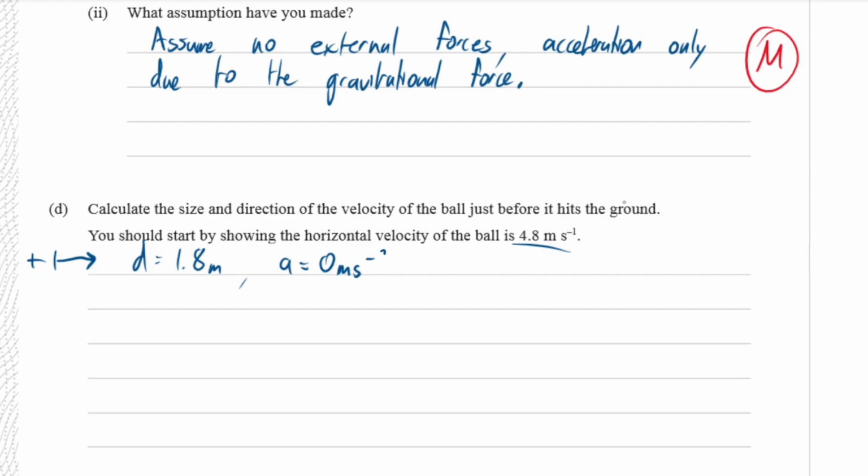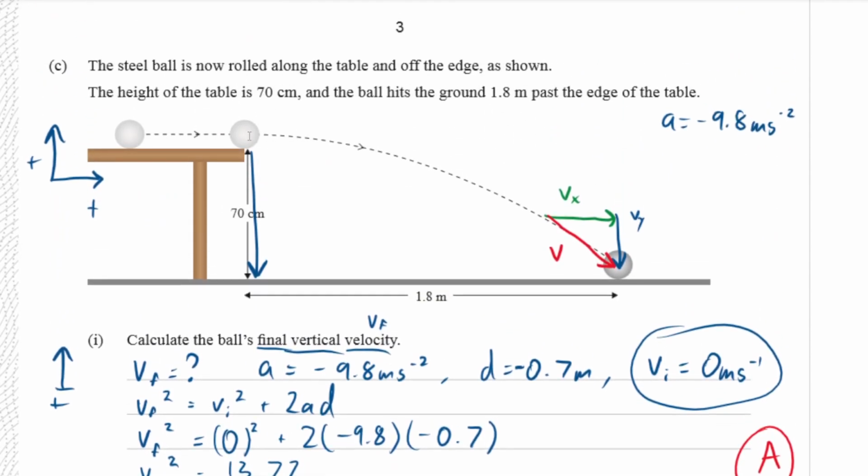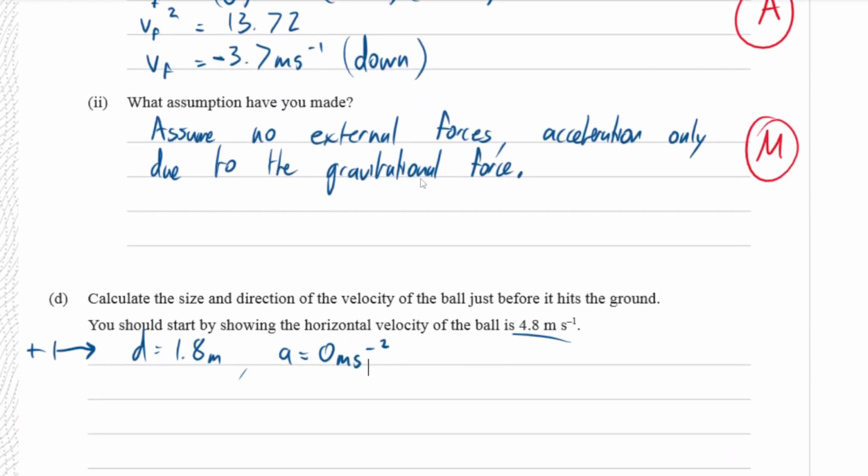And why is that 0? Going back to our assumption that we made, the only force acting on it is the gravitational force, so the acceleration horizontally would be 0 because there are no like resistive forces, right? And the ball doesn't have like a thruster attached to it, right? So there's no left and right forces, so its acceleration would be 0.